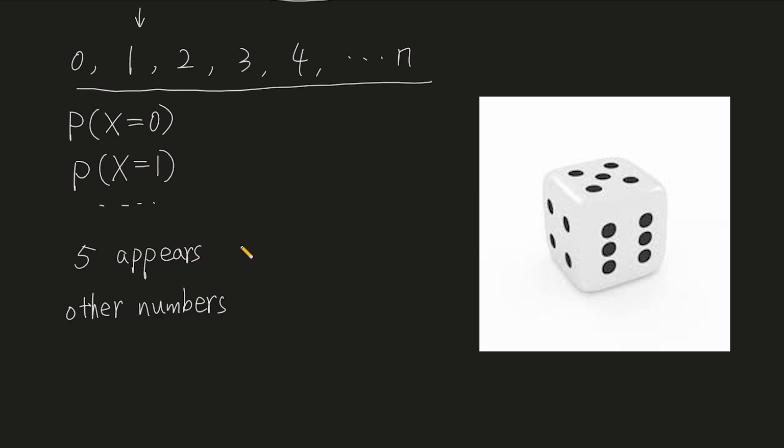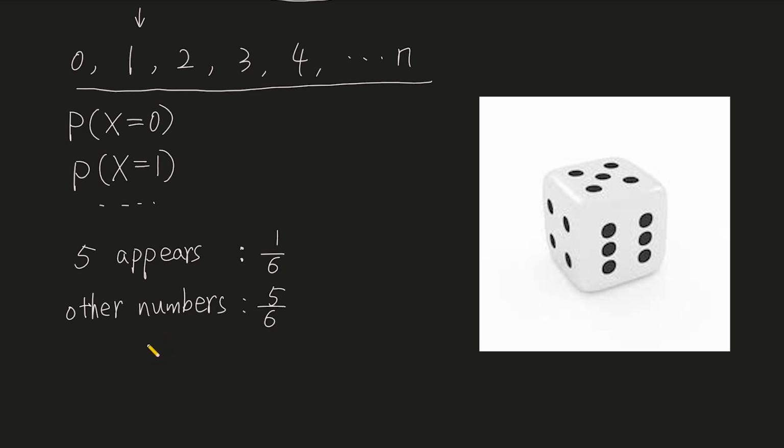So for one experiment, the probability that number 5 appears is 1 over 6. The probability that other numbers appear is 5 over 6. Now we suppose that a die is rolled 4 times. Then the number of times that number 5 appears is a random variable, which follows a binomial distribution.